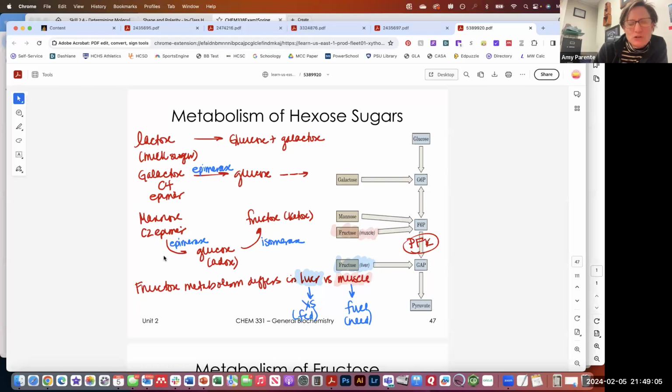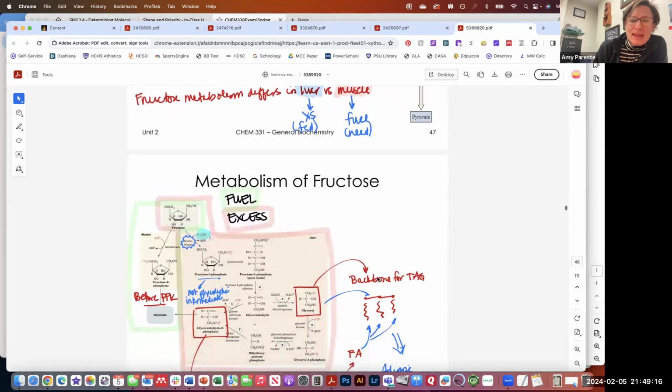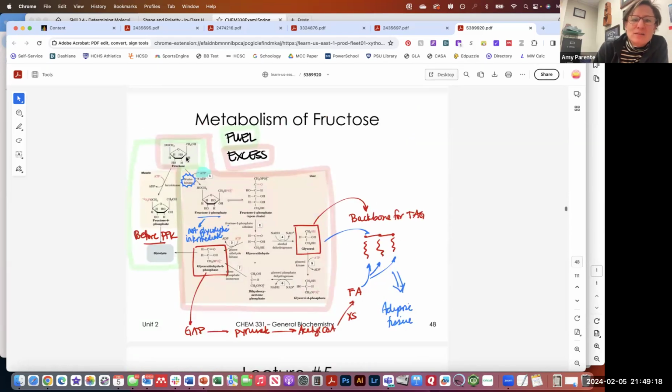Again, our case study on fructose metabolism, here are the important pieces that I want you to know, right? That fructose metabolism differs in liver versus muscle. And a key piece, and we're going to elaborate on this later in the semester, but if you are using fructose as a fuel in your muscle, that's going to be fine.